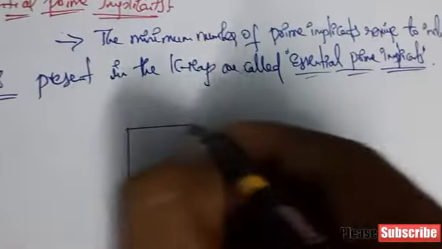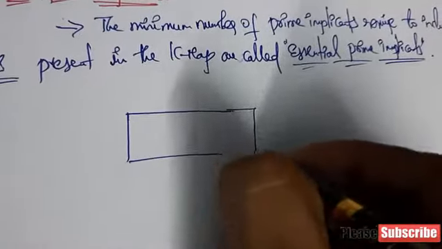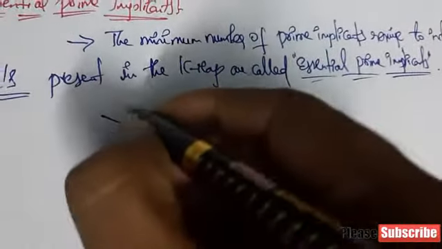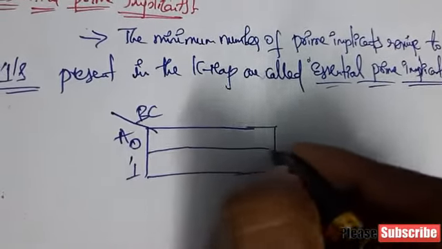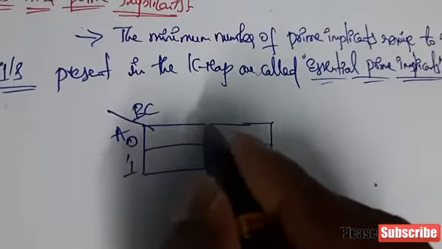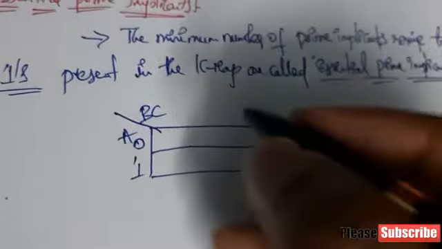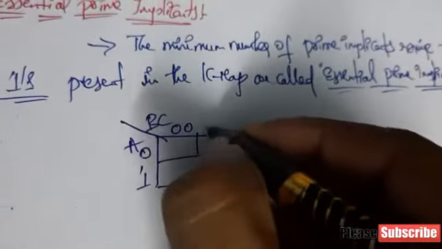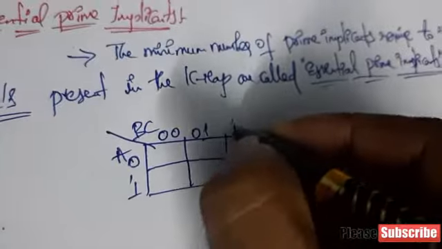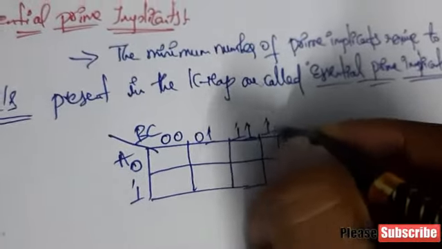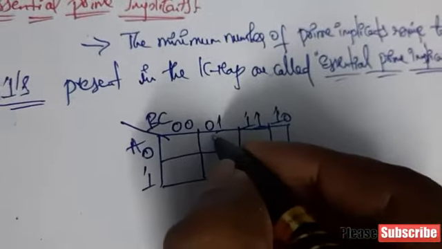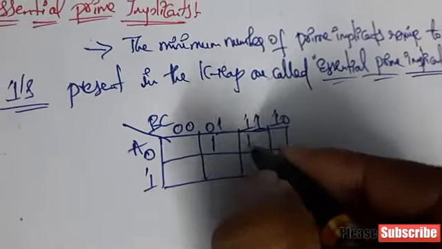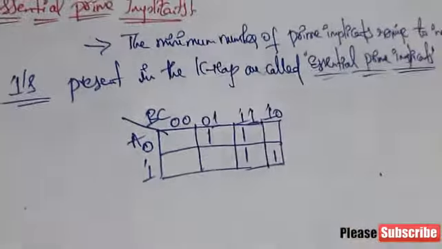If you take the K-map like this, this will be A, B, C. This will be 0, 1. This represents the gray code sequence 00, 01, 11, 10. This 1, 1, 1.